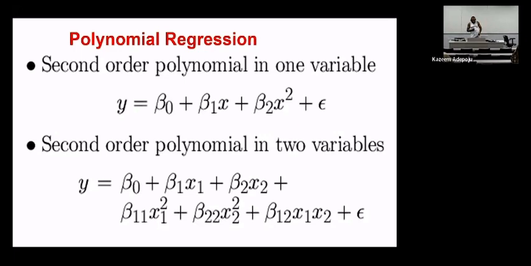Now, the order of a polynomial, we normally want it to be as low as possible in statistics. We don't want to end up fitting higher order polynomials. There's a reason why we want to run away from that: to avoid what I call overfitting.